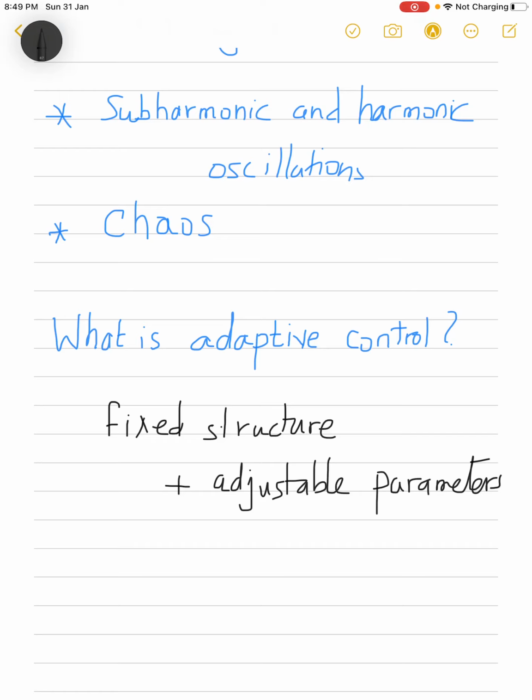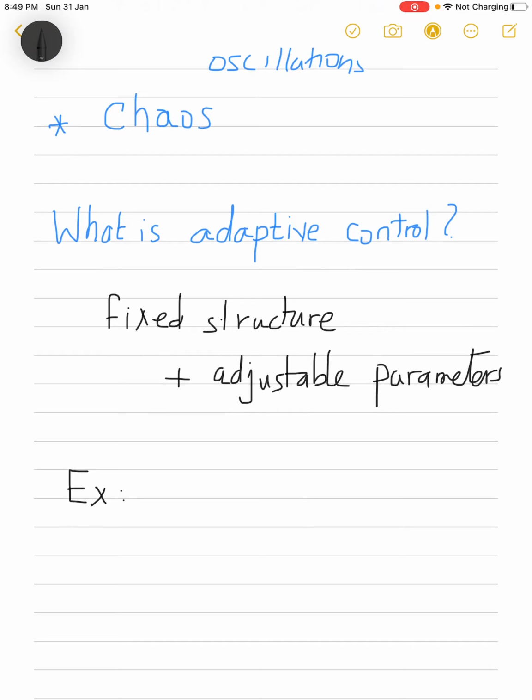Now, of course, we have to ask also why we use adaptive control. And there are some cases where adaptive control actually is superior to the common linear controllers. Like for example, if I assume that I have a very simple system, x dot equals ax plus u, where the parameter a is unknown.